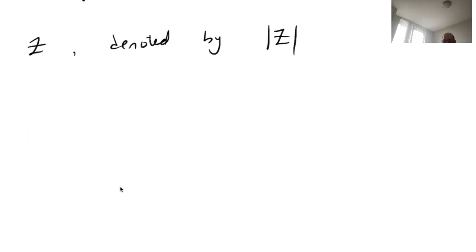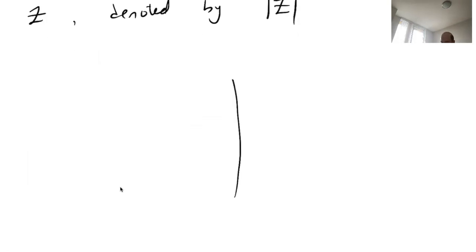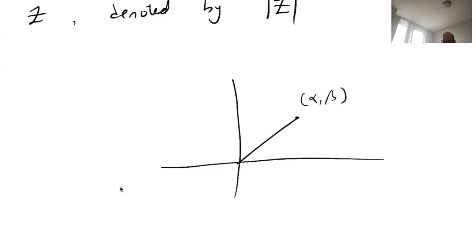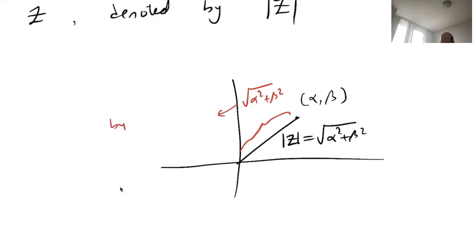Maybe you have seen in basic vector calculus, or even in physics, that if you have a vector here, with components alpha and beta, which we denote with z, maybe in physics you denote it with v, then the norm or magnitude of this, denoted by norm z, has the value root alpha squared plus beta squared, according to Pythagoras. This length is root alpha squared plus beta squared by Pythagoras.